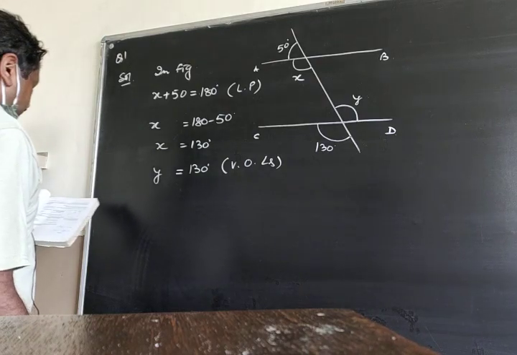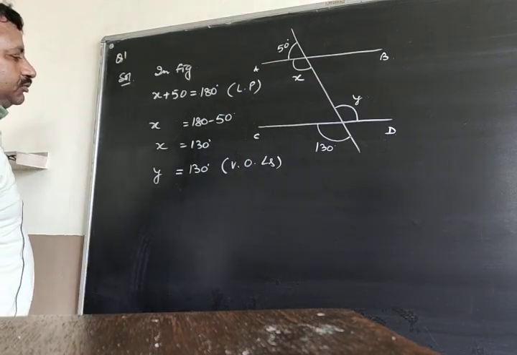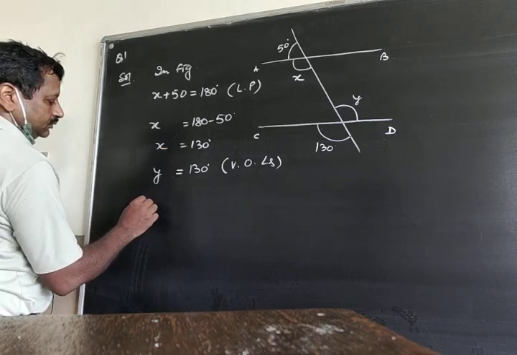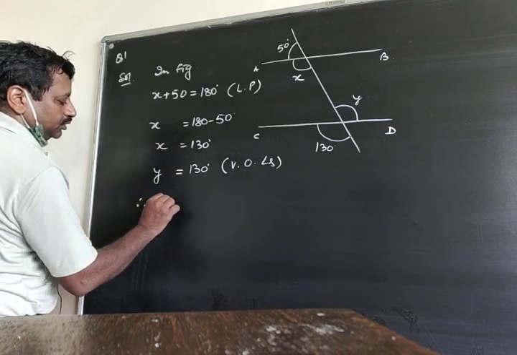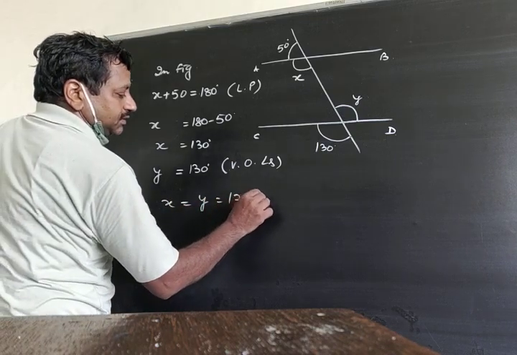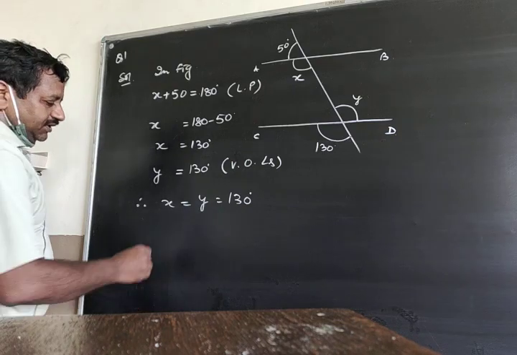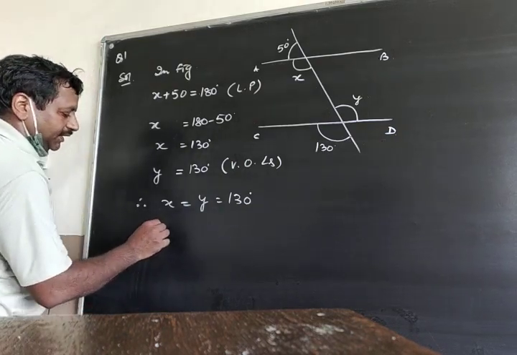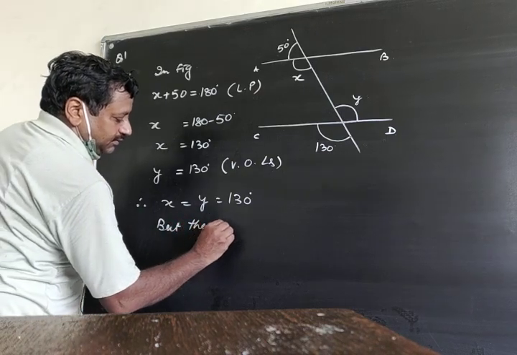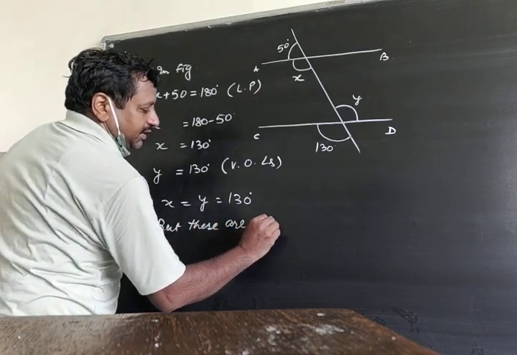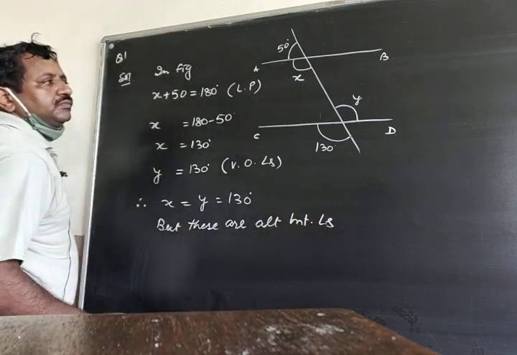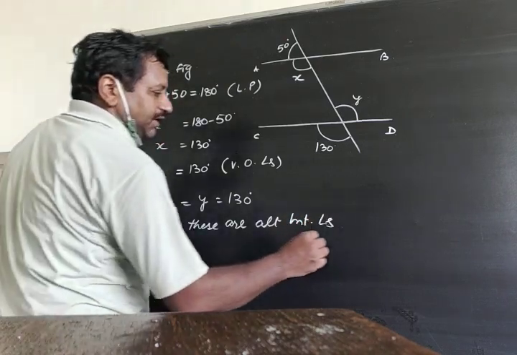And now it is written in the question, show that AB parallel to CD. So we can see that x equals y, therefore x equals y equals 130 degree. These are alternate interior angles for the lines AB and CD.